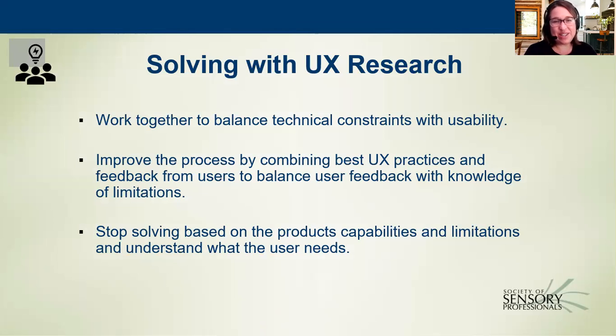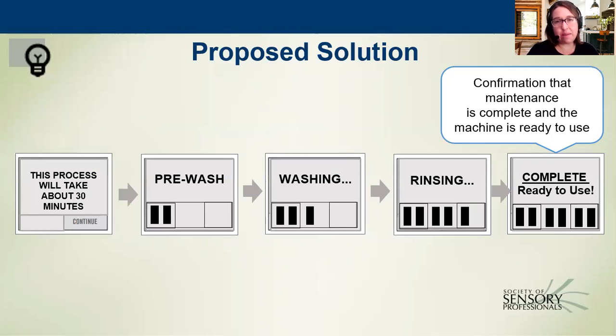And one thing is to think about what users need rather than just focusing on a product's capabilities and limitations. I think that this is a good example of how we could use some technical limitations, work within those, and still come up with a great solution for users.